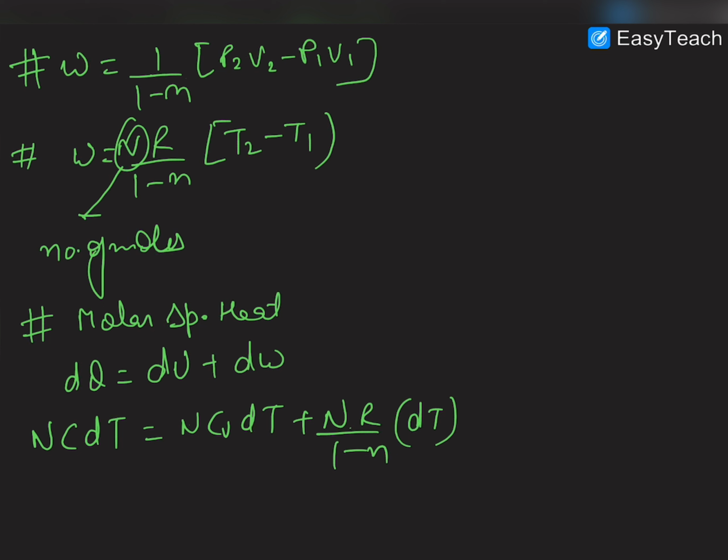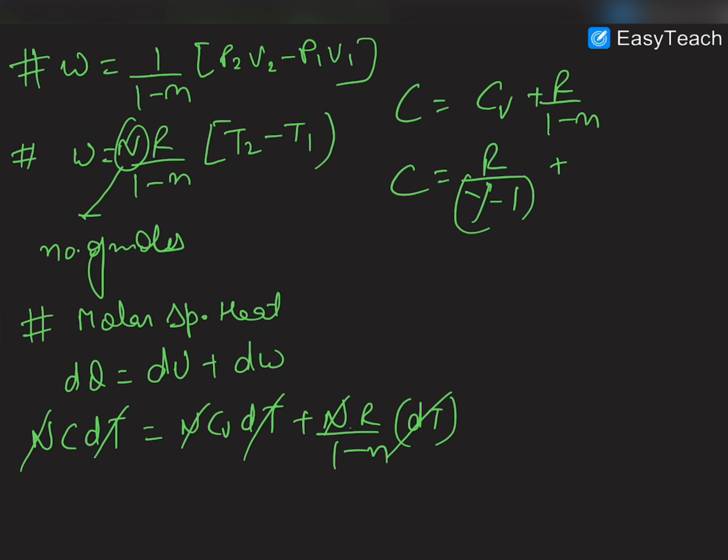If we cancel out N dT in all of these three terms, then C will be equal to Cv plus R upon 1 minus n, and Cv is R upon gamma minus 1, so C is R upon gamma minus 1 plus R upon 1 minus n. This is the value of molar specific heat for polytropic process.